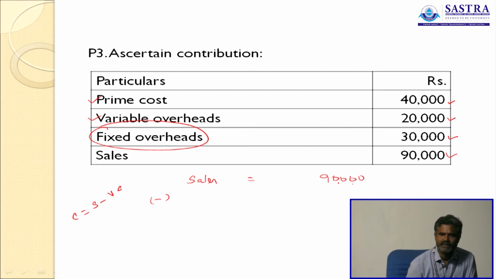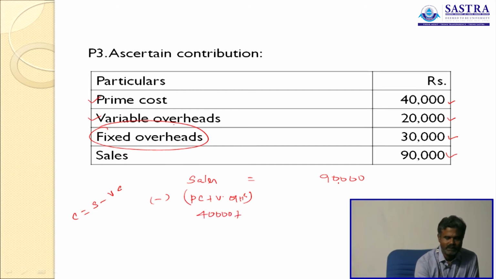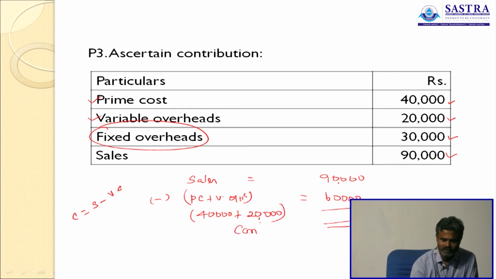So contribution is sales minus variable cost. Sales is 90,000. Variable cost is prime cost plus variable overhead. Prime cost 40,000, variable overheads 20,000. So the total value is 60,000. So the contribution is 30,000. This is the answer.